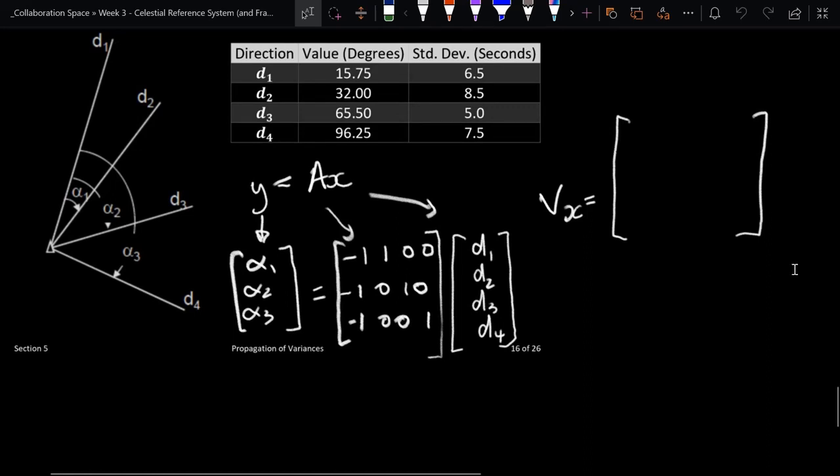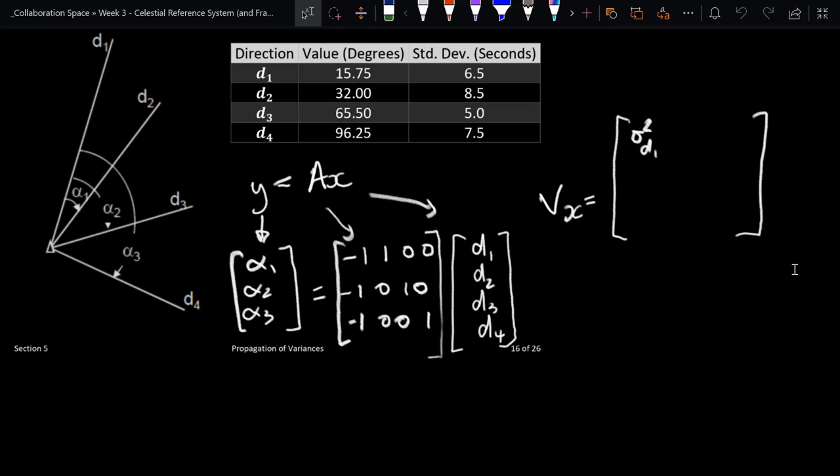And of course, down the diagonal, we'll have the variances. So here's the variance of direction 1, the variance of direction 2, the variance of direction 3, and we'll need to redo that.